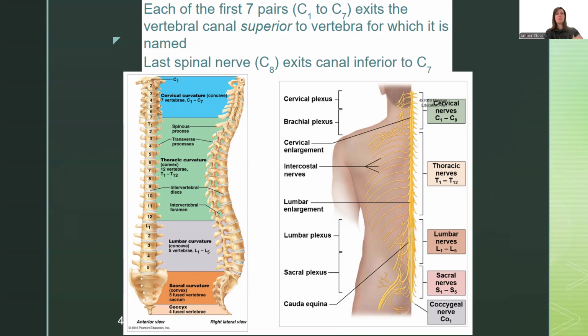It supplies the arms and hands. You have the lumbar plexus, which is L1 to L4. It supplies the lower abdomen, thighs, and hips. And then you have your sacral plexus, which is L4 to S4. It supplies your buttocks, legs, and feet.